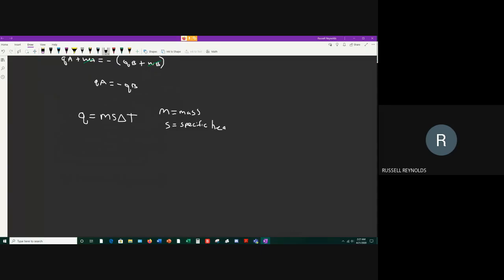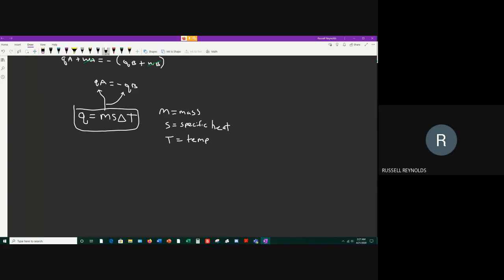The specific heat is derived from the thermal energy required to raise 1 gram of any substance by 1 degree Celsius. And of course, T is equal to temperature, either Celsius or Kelvin. And this equation is what we'll use to substitute for Q in both of these cases.